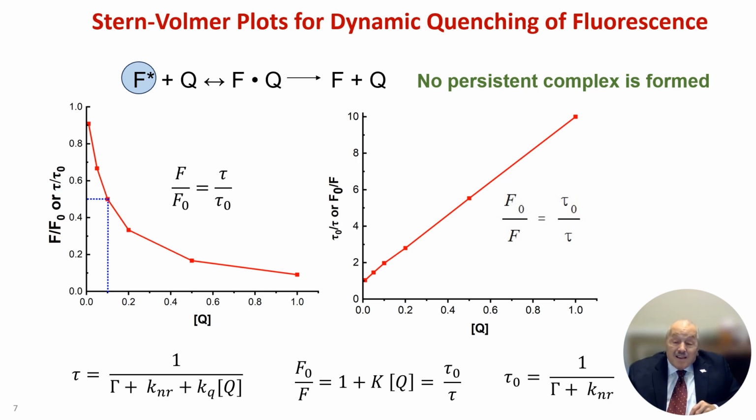A characteristic of dynamic quenching is that the decrease in intensity is always equal to the relative decrease in the lifetime, or conversely, in Stern-Volmer terms, F naught on F is always equal to tau naught on tau. And that's basically a proof that the quenching is a dynamic process due to collisions in solution.